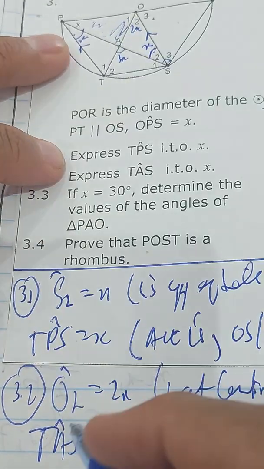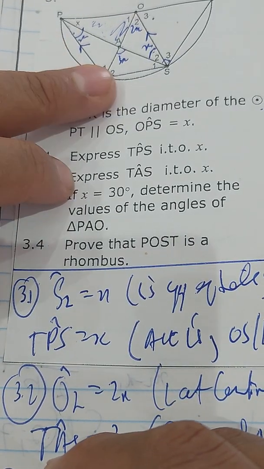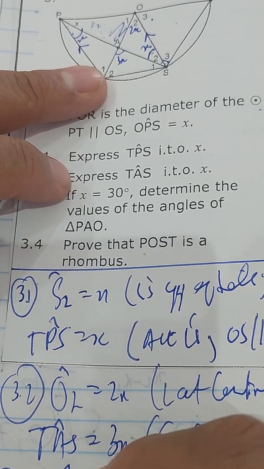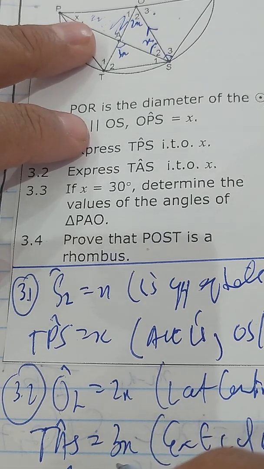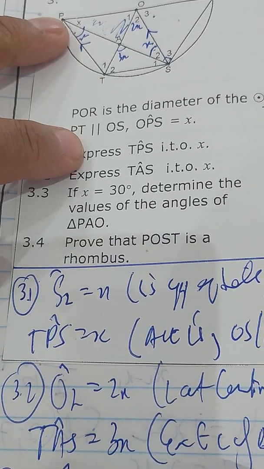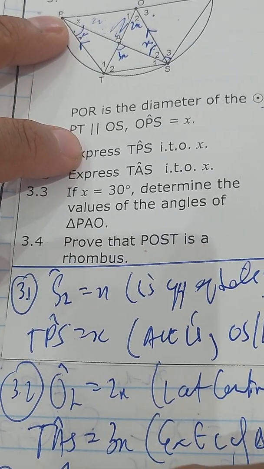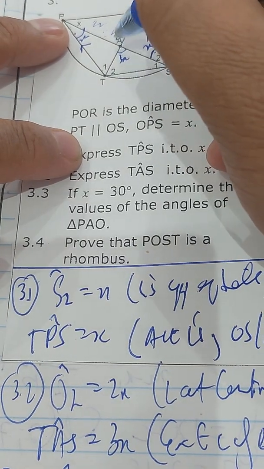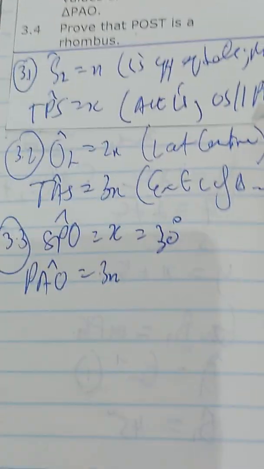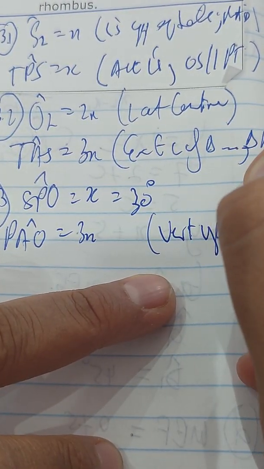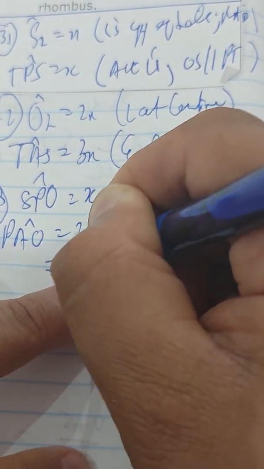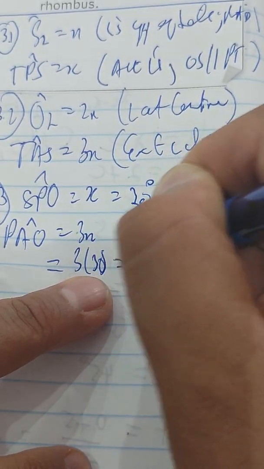The angles of this triangle, firstly, angle P, which is SPO, is equal to x, which is equal to 30 degrees. That is the given. Then PAO is equal to 3x. Why? Because vertically opposite angles are equal. That is the reason there. So 3 times 30 is going to be 90 degrees.